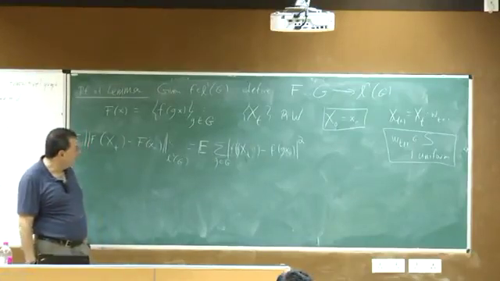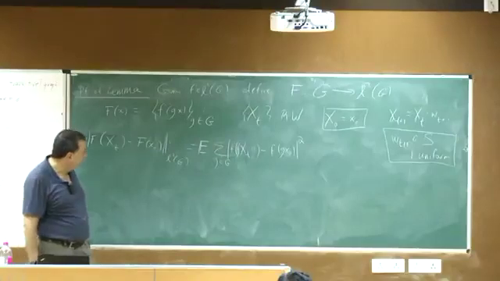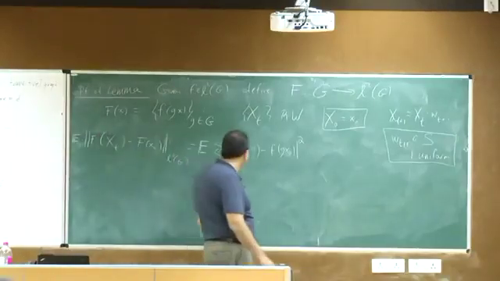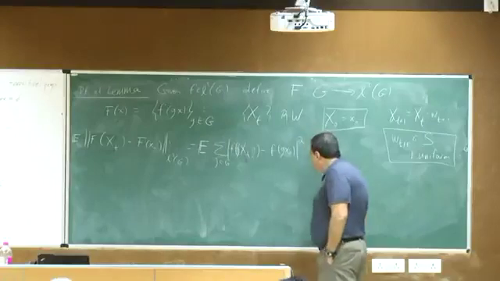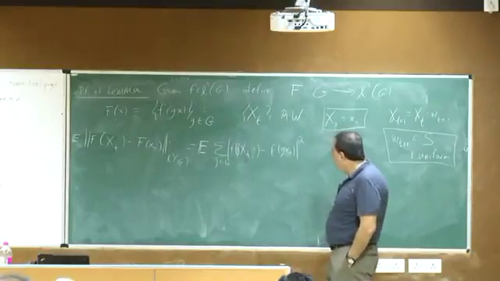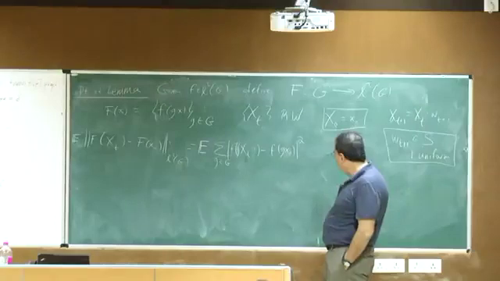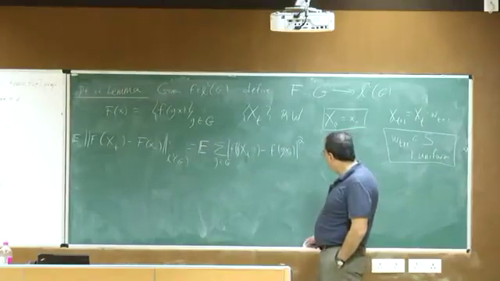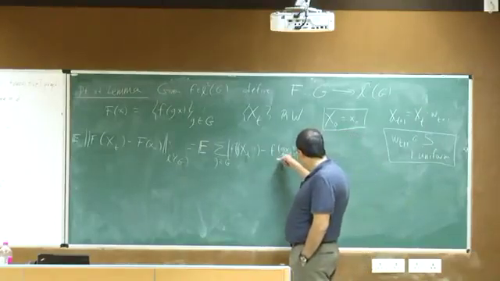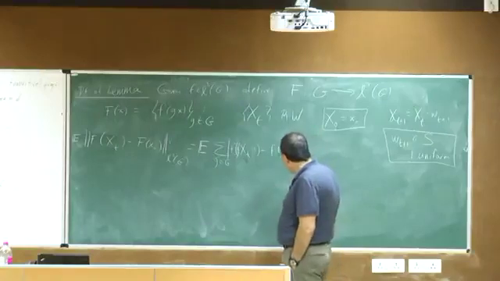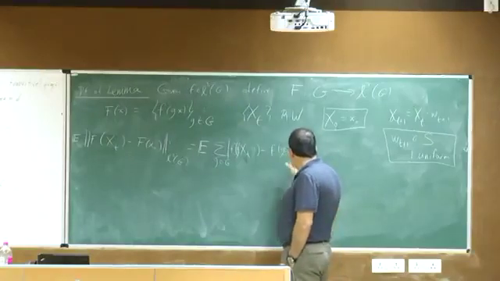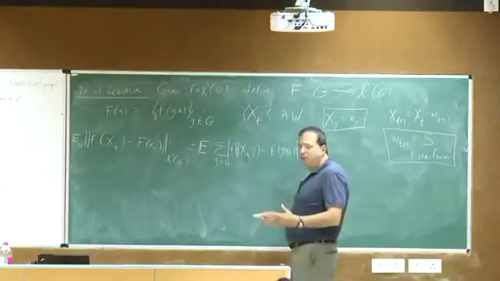So we have this expectation, and the point to realize is that as g goes over the group, g x0 also goes over the group.